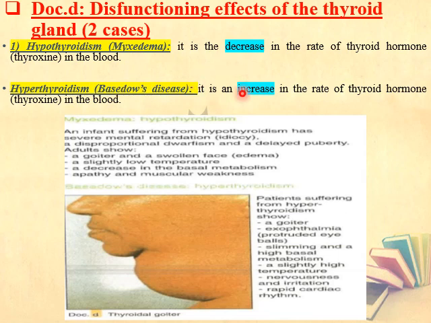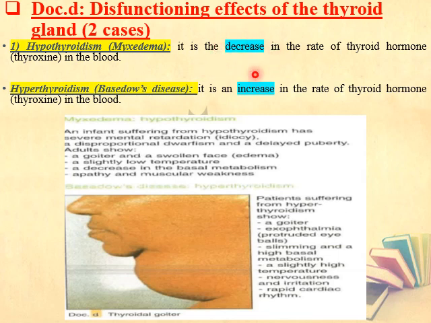While if the thyroid gland is secreting a lot of thyroid hormones, an increase in the rate of thyroid hormone in the blood, the person will suffer from hyperthyroidism or Basedow disease. So with any dysfunction in the thyroid gland, a person will have a problem.